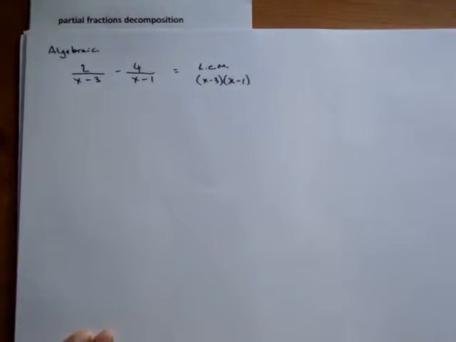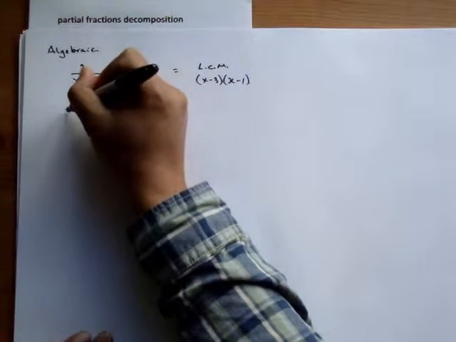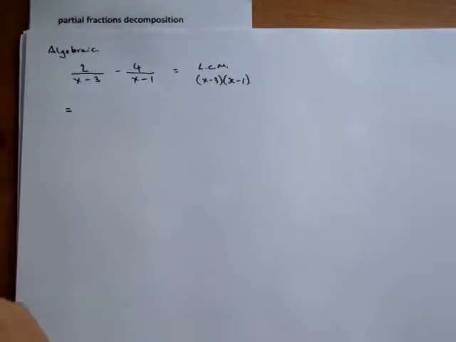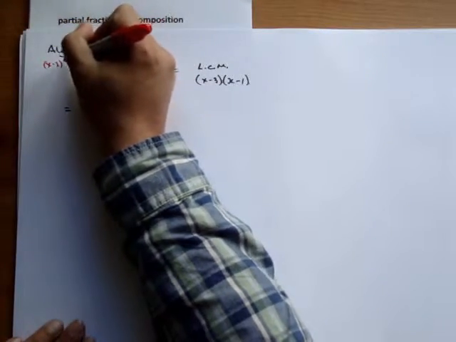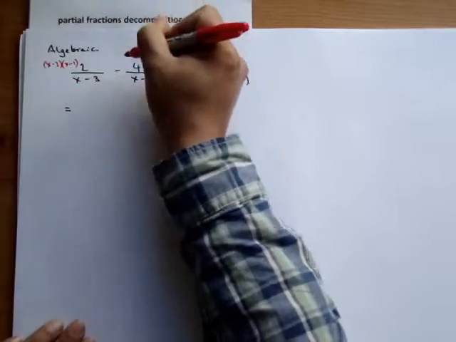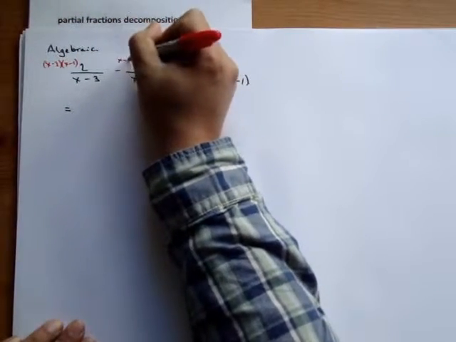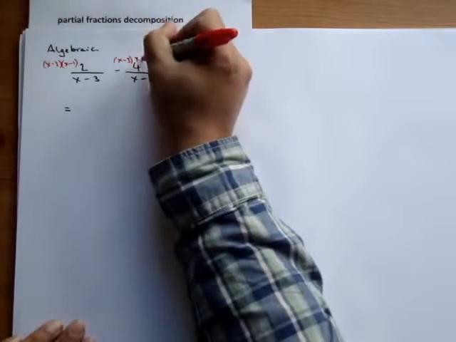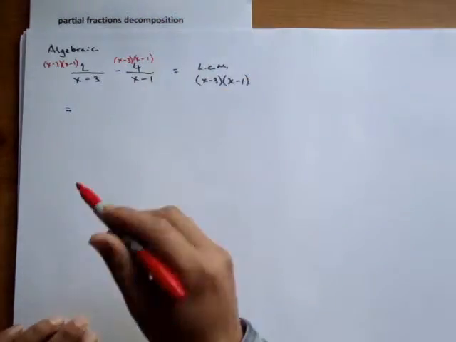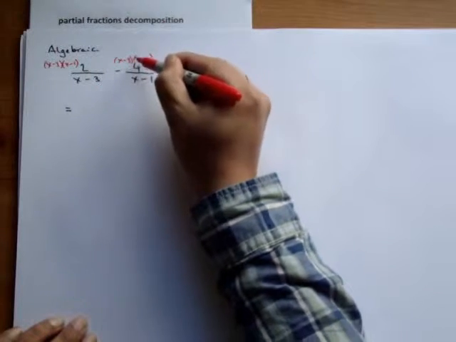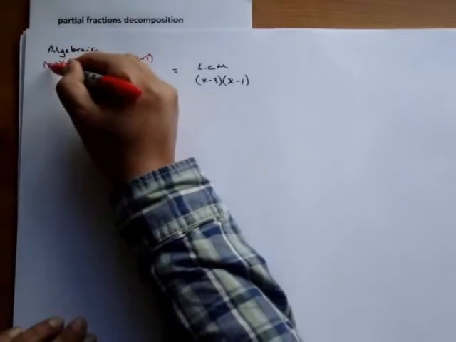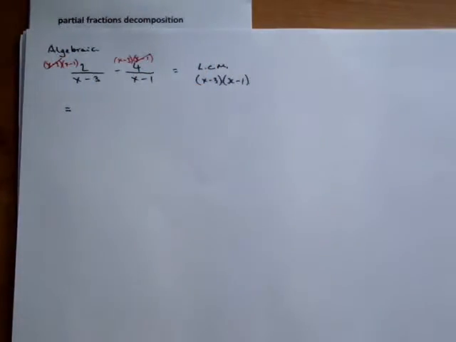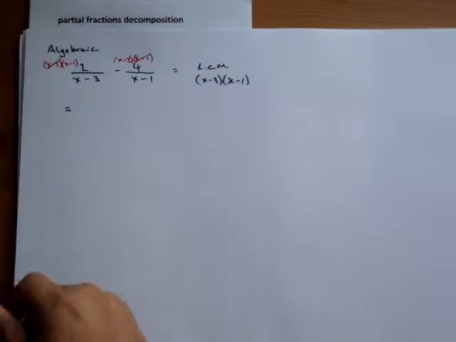Then we multiply the top by (x minus 3)(x minus 1), and the same on this side. On this side the x minus 1 cancels out because we've got an x minus 1 in the denominator, and on this side the x minus 3 cancels out because we've got an x minus 3 in the denominator.